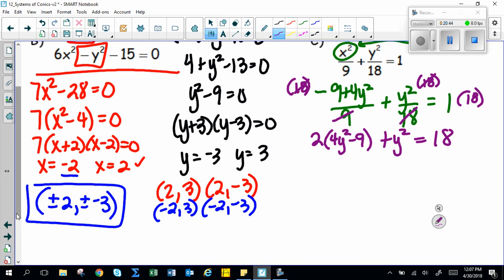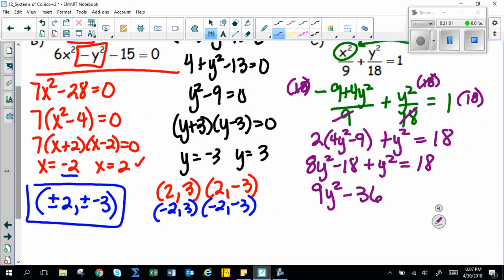I'm going to distribute the 2. 8y squared minus 18 plus y squared equals 18. So I could set this equal to 0. 9y squared, if I subtract 18 from both sides, minus 36 equals 0. Factor out the 9. We have y squared minus 4 equals 0.